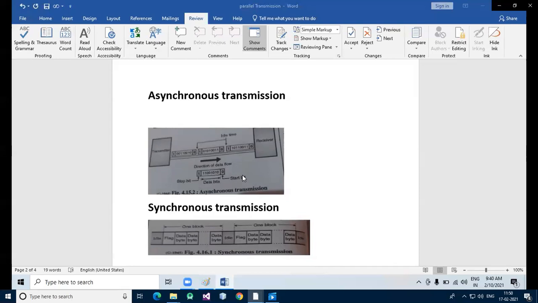That's why it's called asynchronous. However, within each byte, the receiver should still be synchronized with the incoming bits. This means some synchronization is required only for the duration of a single byte, in response to the start and stop bits.